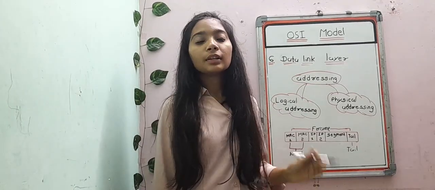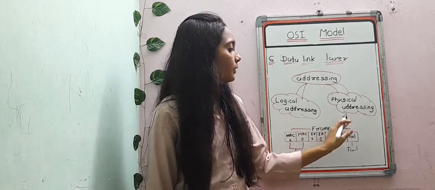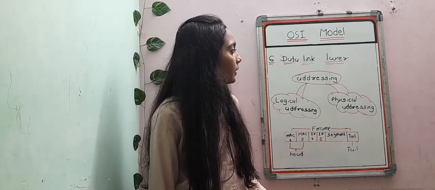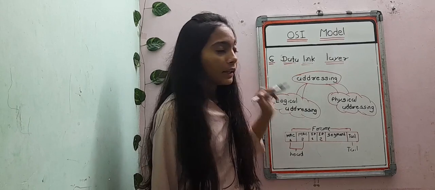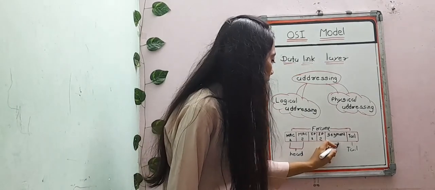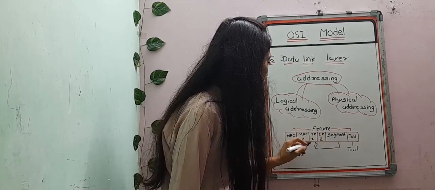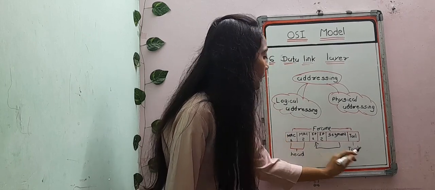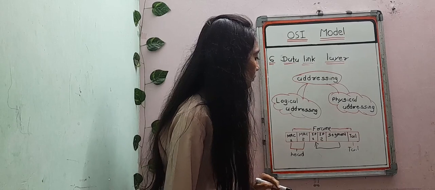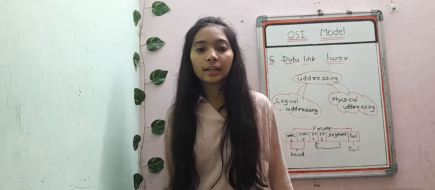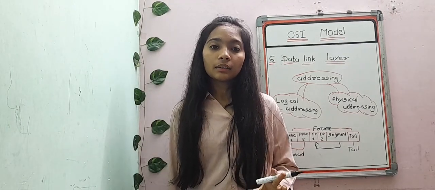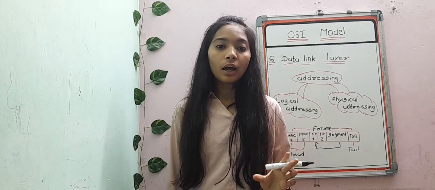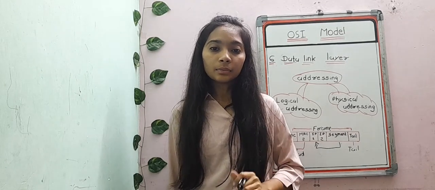Logical addressing is done in the network layer and physical addressing is done in the data link layer. This is a packet. The data link layer adds the MAC address and a tail and makes it a frame. Functions of the data link layer: access the media, and control how data is placed and received.